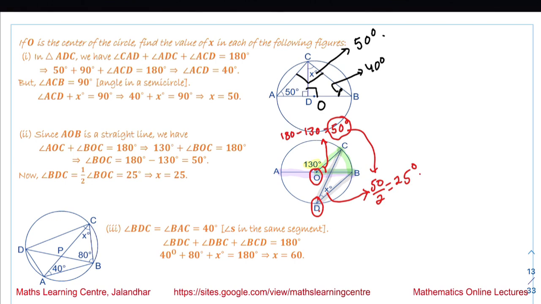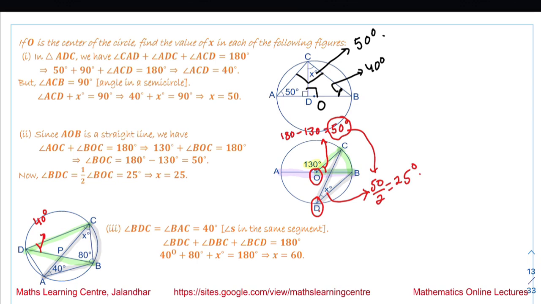Now in the next question, we have this angle at A is 40 degrees, and this is on the arc CB. On CB we also have this angle at D, so this angle is also 40 degrees.